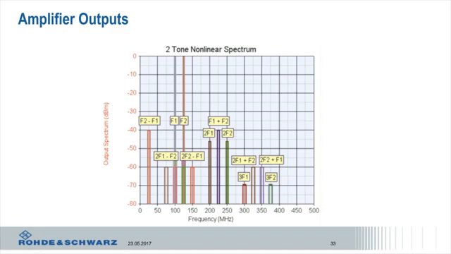But typically, in most cases, you'll be able to filter that out. Then you're also going to get higher order terms, like 2F1 plus F2, 2F2 plus F1 on the right there, with the 3F1, 3F2. Those terms are more like a harmonic term, and typically you can filter those out. But again, it depends a lot on your system.